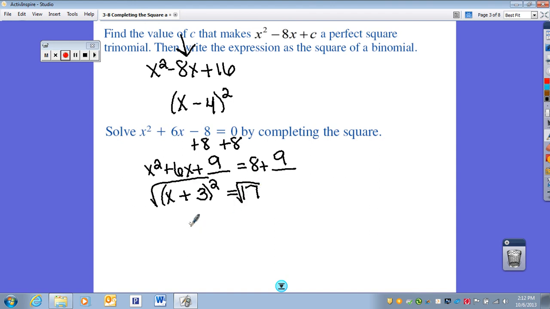The square root and the square cancel each other, so we have x plus 3 is equal to, remember that it's going to be plus or minus the square root of 17. And then we finish simplifying by subtracting 3 from both sides. And when we write our final answer, we'll write the negative 3 first, and then put the plus or minus square root of 17.